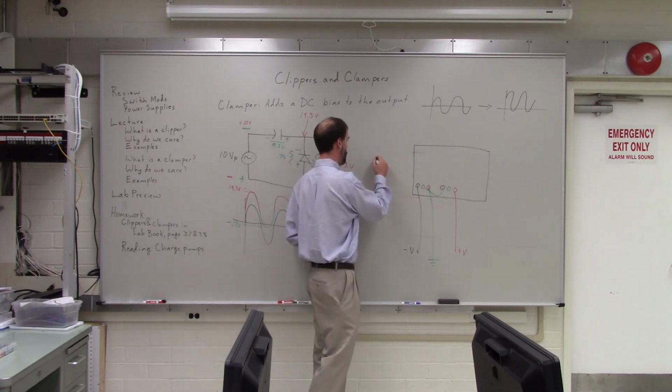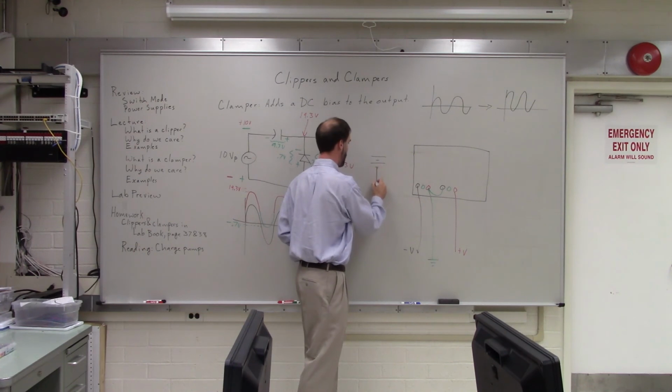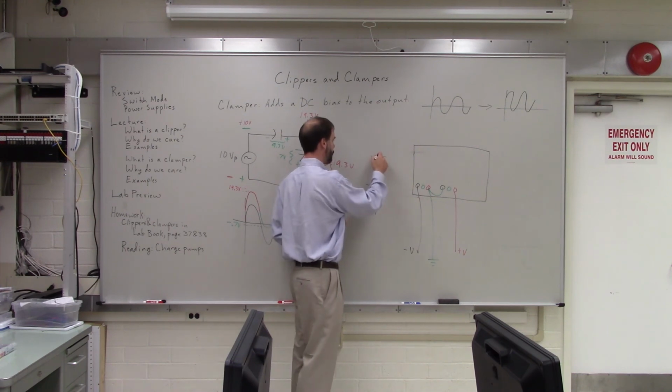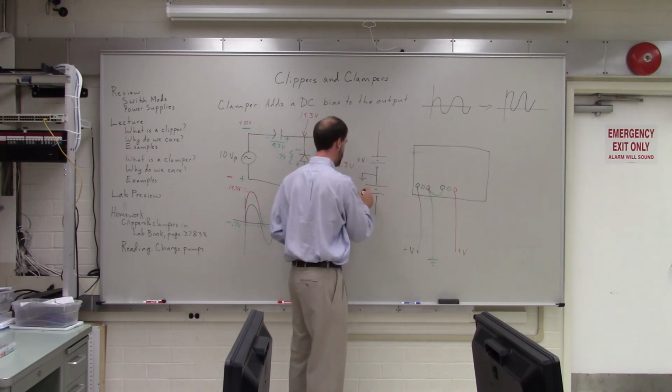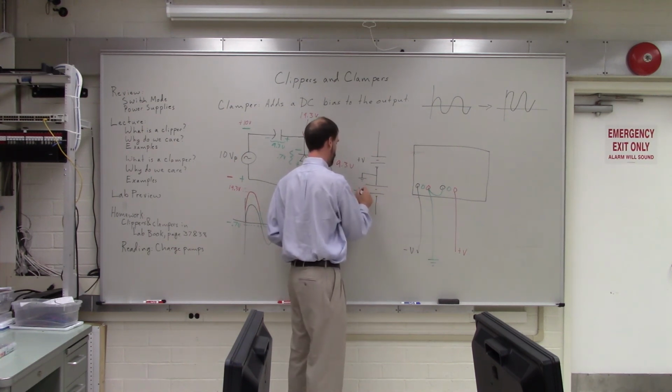So what you're doing is you're creating a power supply like that, and then another one like that. And this one is your positive voltage supply. This point right in the middle is ground, and then this one down here is your negative voltage supply.